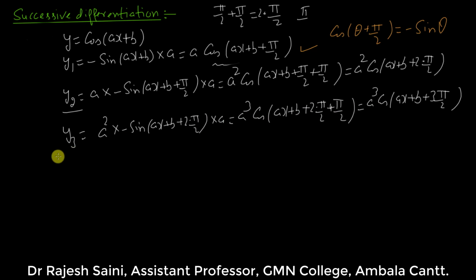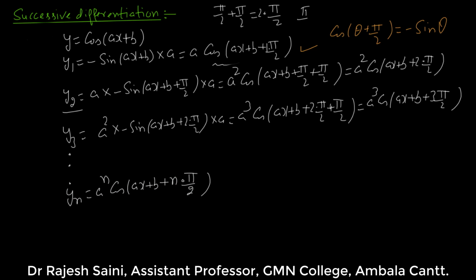Fine. Now you see, when here is 3, here is 3; when here is 2, here is 2; when here is 1, here is 1, a raised to the power 1; when here is 2, a raised to the power 2; when here is 3, a raised to the power 3. So whenever here will be n, here will be a raised to the power n cos ax plus b plus n times pi by 2.